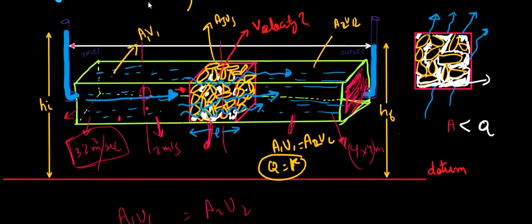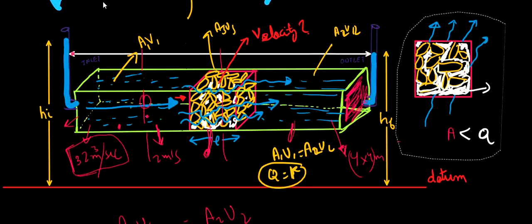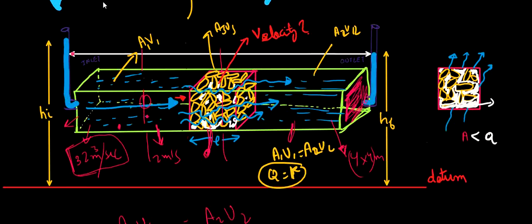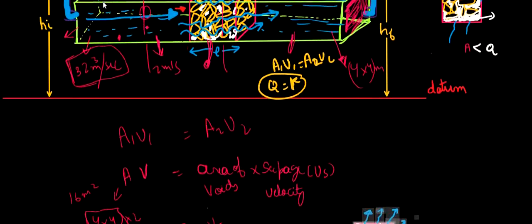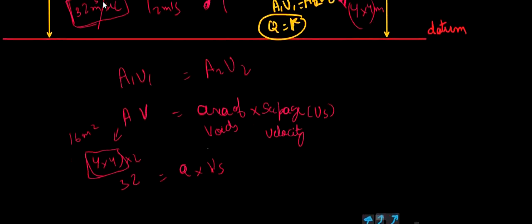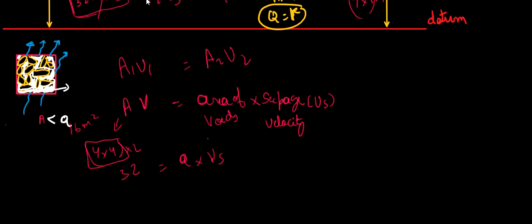So you can have an idea that this 16 meter square is this pink area, the area bounded by this pink region. This is 4 and this is 4.